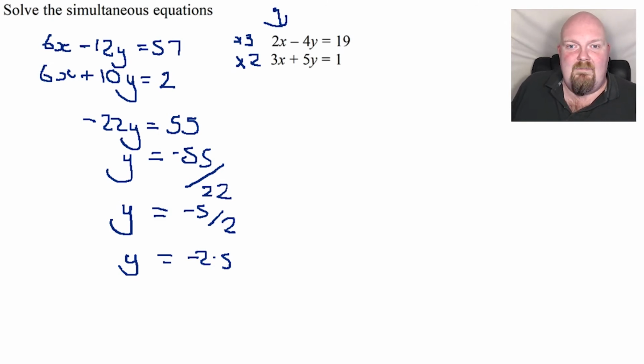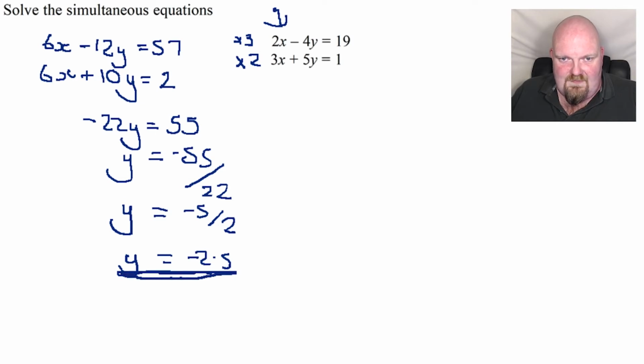I've seen many people stop at this point thinking they've done everything they need to. Not the case, okay? In order to solve this, you need to find the value of both letters. So I've got my y value here, which is absolutely valid and is fantastic. What I'm going to do is substitute it back into one of my equations. Just for no reason, I'm going to choose the top one, okay?